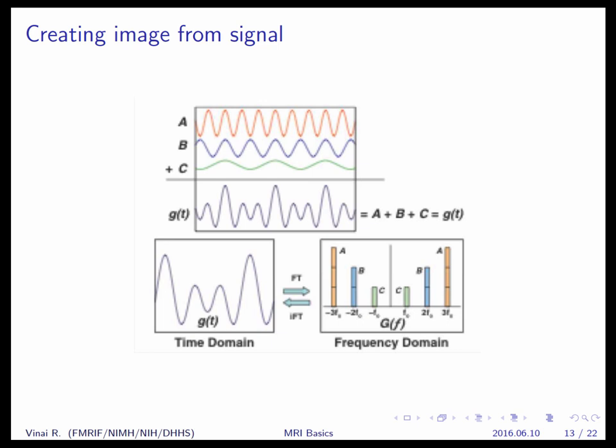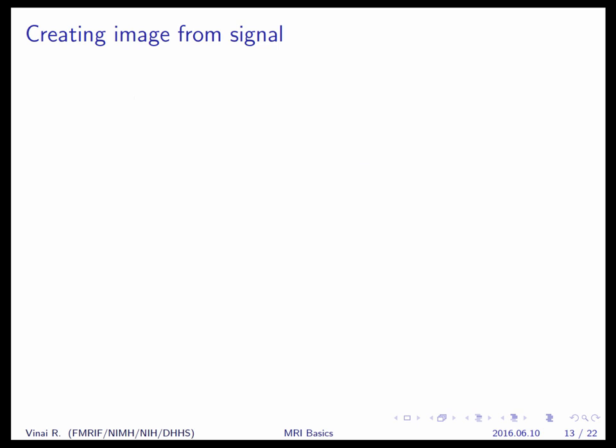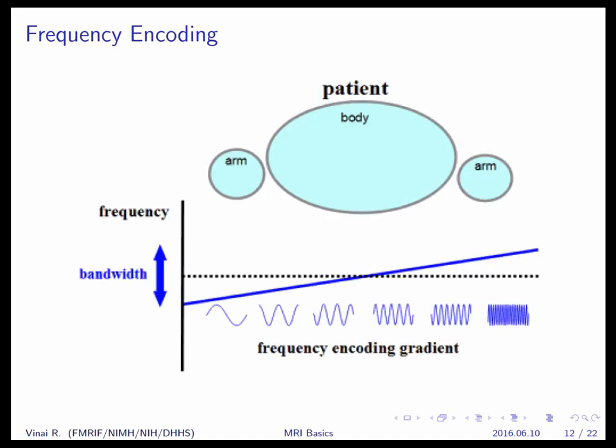But if you have a signal like this that you read out, when you do the excitation, say the signal from the arms, this really low frequency signal and this really high frequency signal, they may have smaller amplitudes because they're coming from a smaller area.